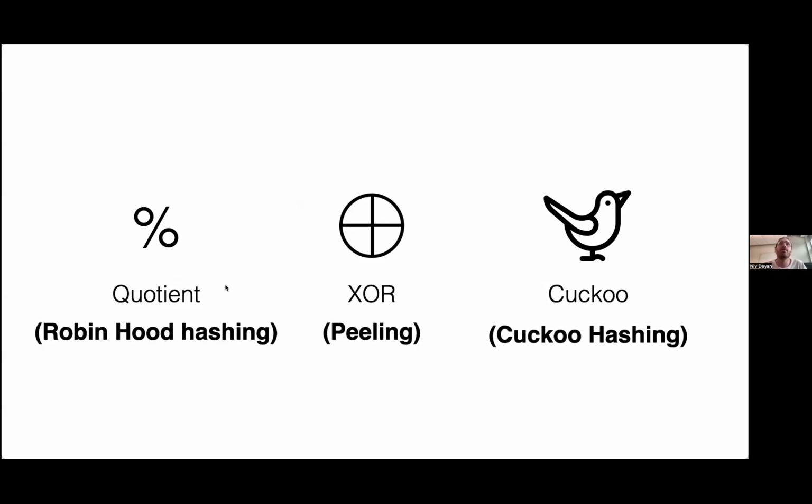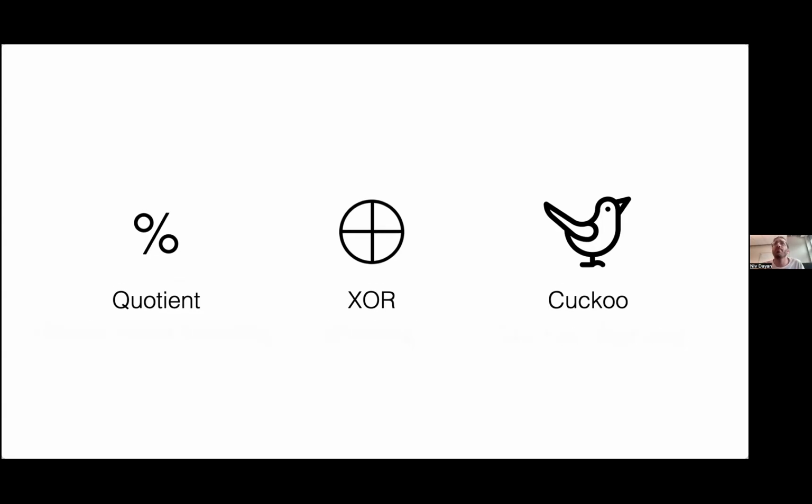For instance, quotient filter does something like Robin Hood hashing, XOR filter uses a technique called peeling, and cuckoo filter does cuckoo hashing to resolve collisions. But for this presentation, we're going to completely abstract out the details of collision resolution, because the techniques I'm going to talk about are applicable regardless of the collision resolution strategy.